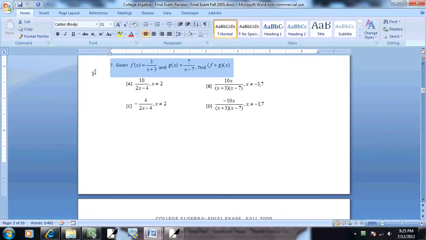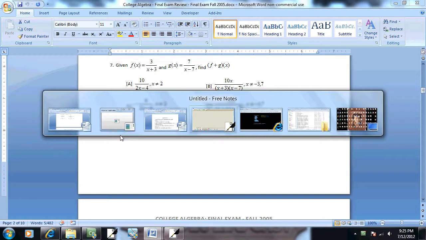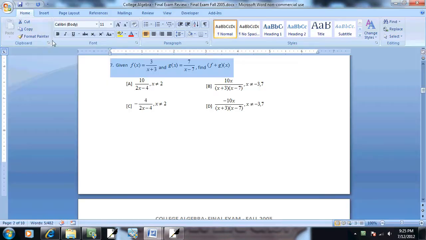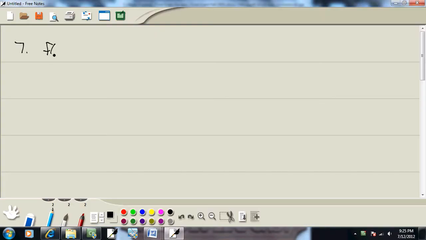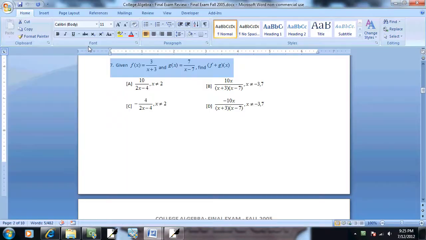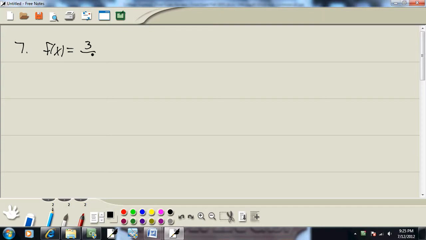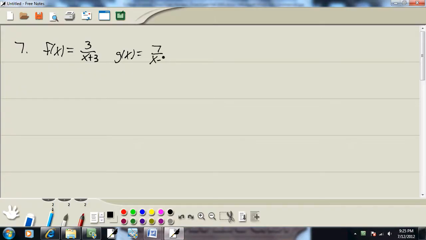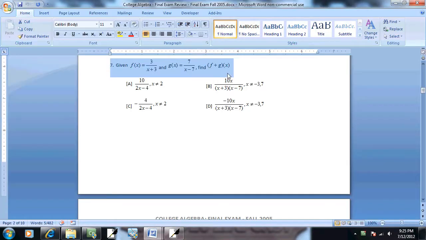Let's take a look at number 7. We've got f of x is equal to 3 over x plus 3, and g of x is equal to 7 over x minus 7.